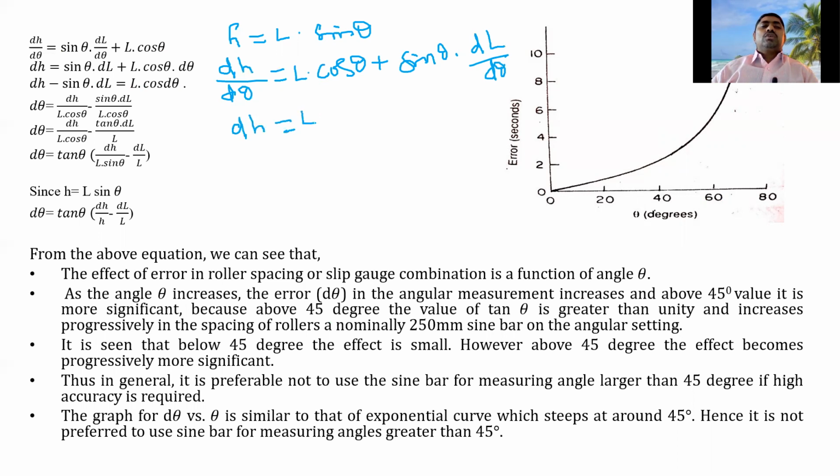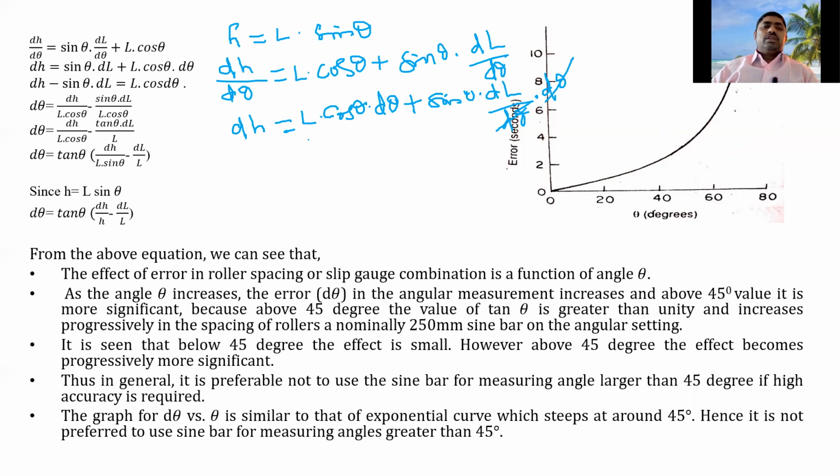So from this relation, what is dH? dH is equal to L into cos theta into d theta plus sin theta into dL by d theta into d theta. So this d theta cancels.